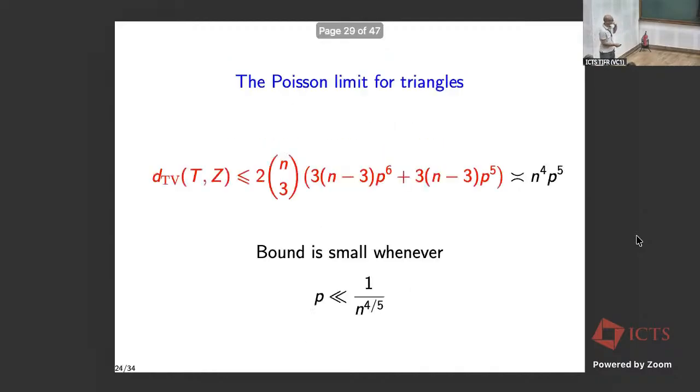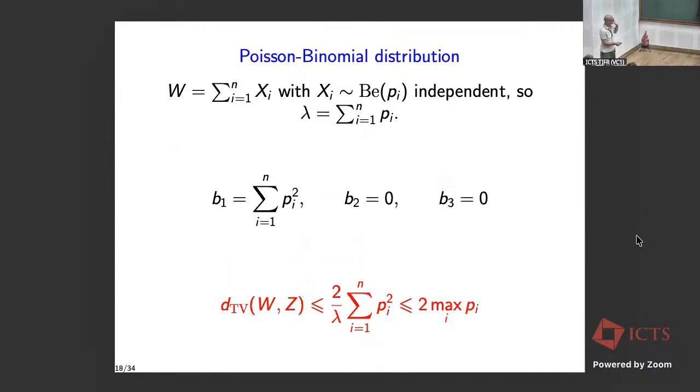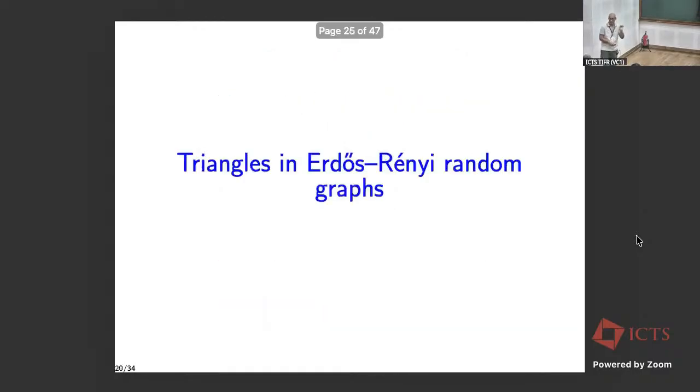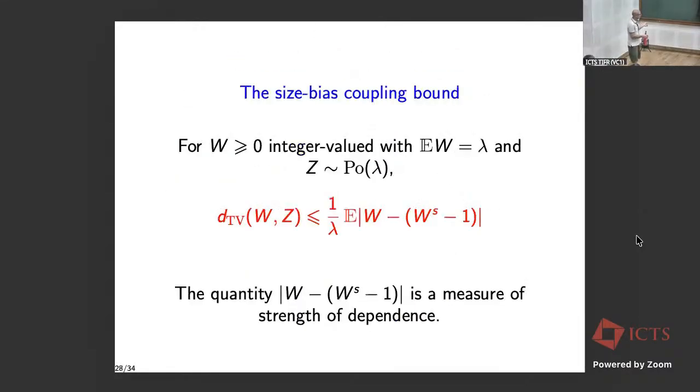Okay, that was this result here. If they're independent, that's our best possible result for a Poisson approximation. Now, if there is dependence among these indicators, we have to measure that. Okay? And that's one way to measure that. It's using how well it satisfies this fixed point equation, that is to say, if I pick one of the indicators at random, force it to be 1, how much do I need to adjust the rest? If they're independent, I don't have to adjust the rest at all. Right? There's independence, so this will be very close. But if there is dependence, I have to do some adjustments.